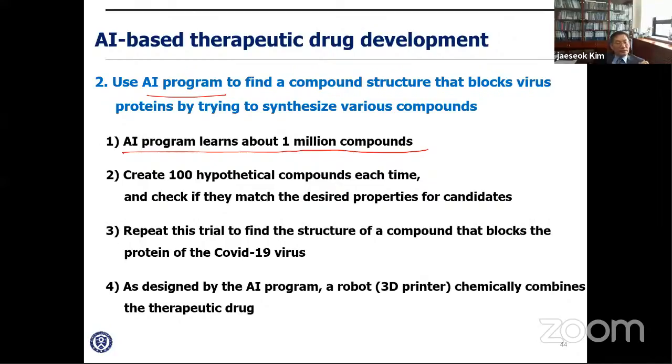After this, it repeats this trial to find the structure of a compound that blocks the protein of the COVID virus. And finally, as designed by the AI program, a robot or 3D printer chemically combines the therapeutic drug.